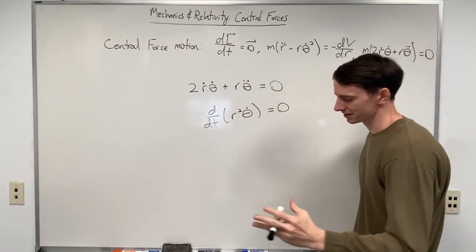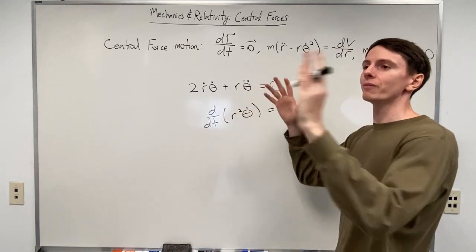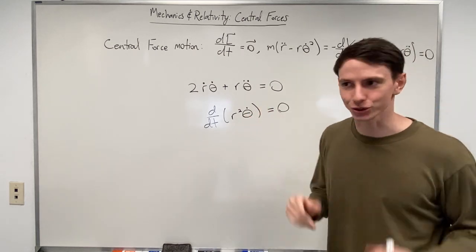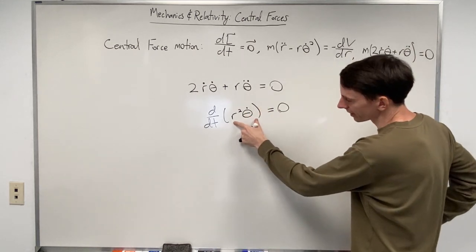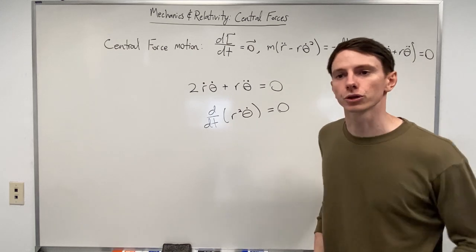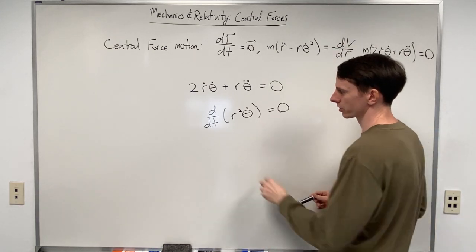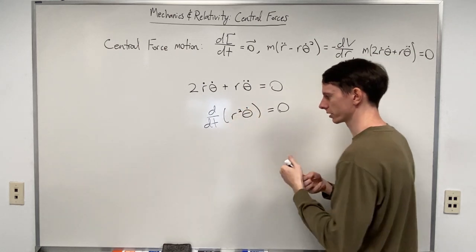But it turns out that this is not some new magical conserved quantity. R squared theta dot is actually related to the angular momentum itself. What I'm going to do right now is give this a name.